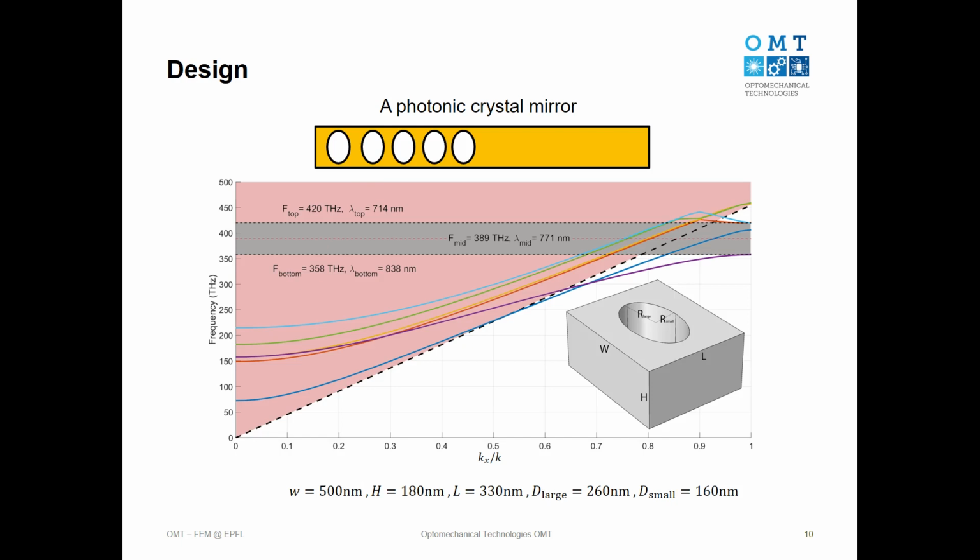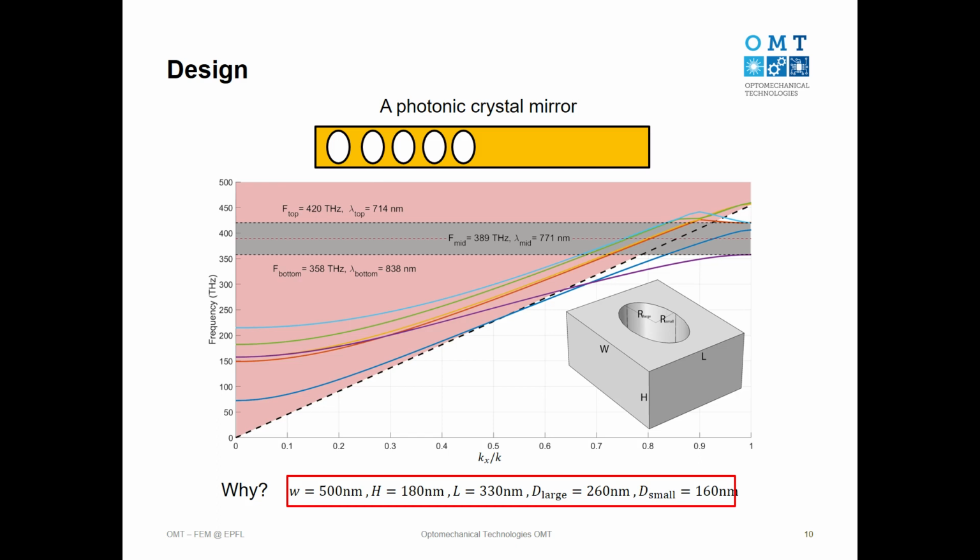We want to have this unit cell of a photonic crystal, which here is the cross section, for example, of the waveguide. So your waveguide is like this, your light is propagating, and you want to put a mirror in front with the help of a periodic structure, in this case photonic crystals. Here are the parameters. You might ask why I put these parameters here.